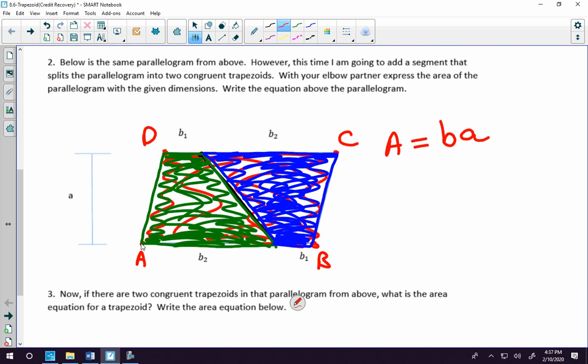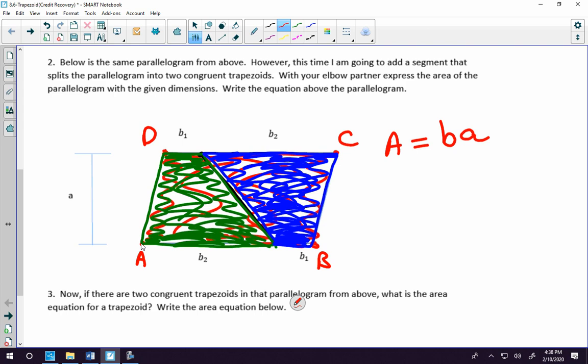If I now ask you what has to be true, or how do we manipulate the area formula for parallelogram, if I asked you to find the area, let's say, of the blue trapezoid or the green, they're both congruent, it doesn't matter. So let's focus on just one of the two trapezoids. How do we find the space inside of the blue trapezoid, or what has to be true about the area of the blue trapezoid in relationship to the area of the original parallelogram?